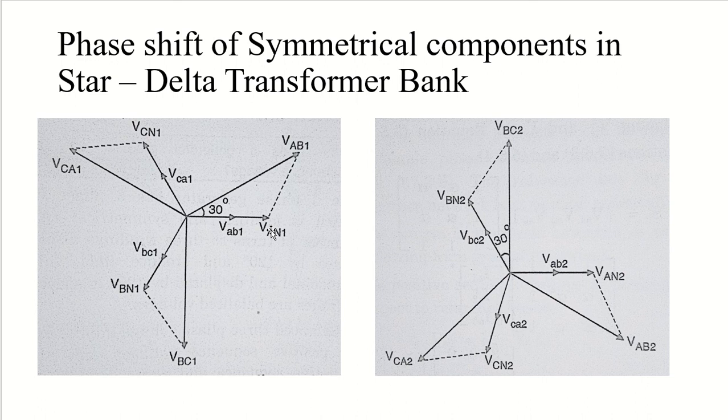See, this is the voltage of the star side, and this is the voltage of the delta side, VAB capital. If this is the voltage on the star side and this is the voltage on the delta side, you can see that the star side quantities are leading the delta side quantity by 30 degrees.